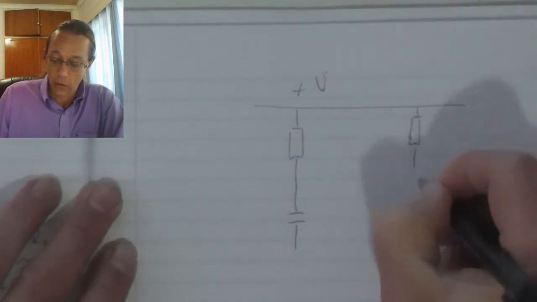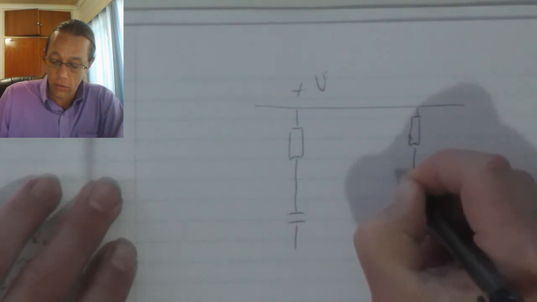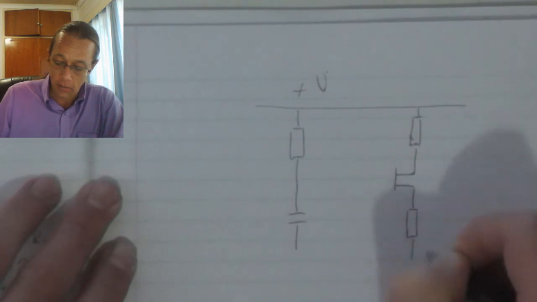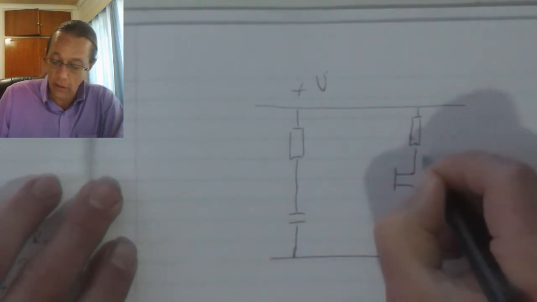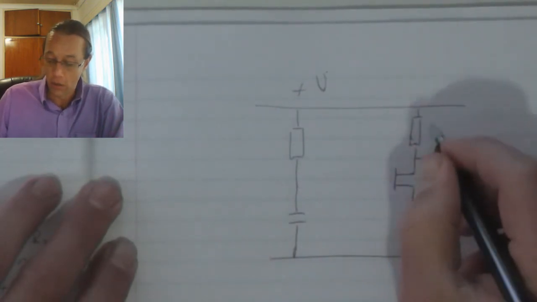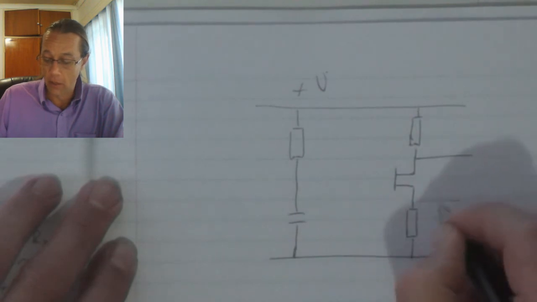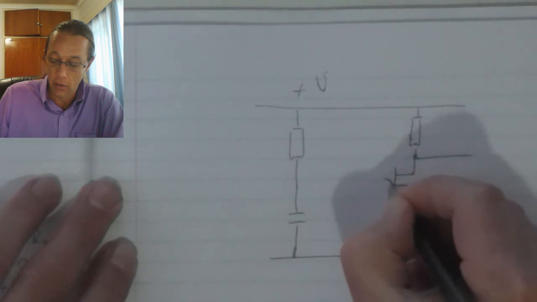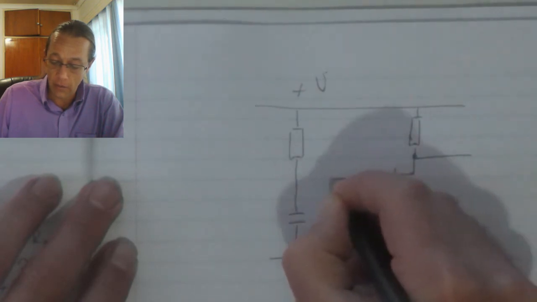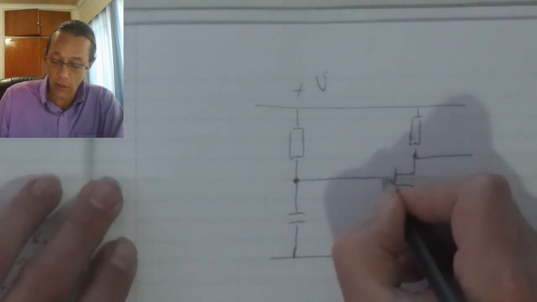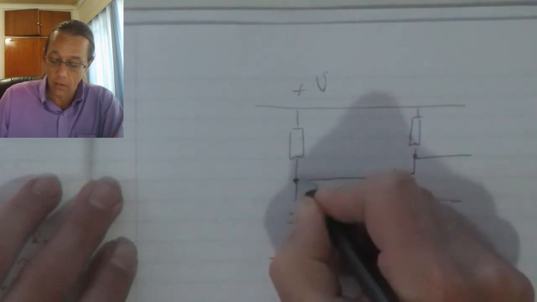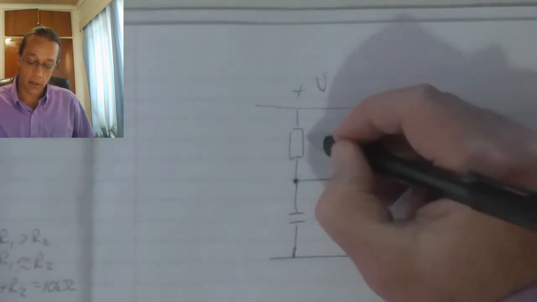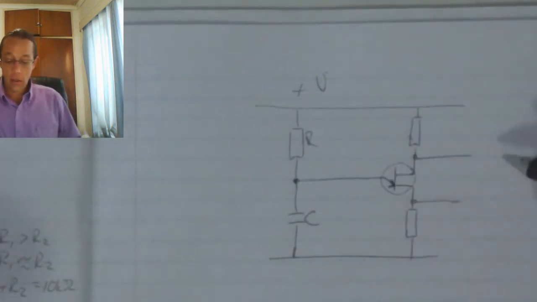Now when we've got our two resistors on the output, I can measure my voltage on either the top resistor, or I can measure my output on the bottom resistor, depending on the direction of the spike that I want. That emitter connects to the division point between the resistor and the capacitor.